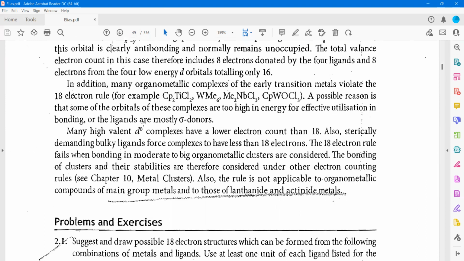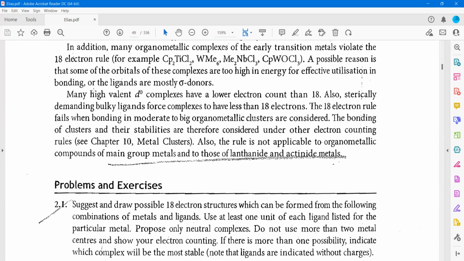In addition, many organometallic complexes of the early transition metals also violate the 18 electron rule because they have only a small number of electrons to back donate. The possible reason is that the orbitals of these complexes are too high in energy for effective utilization in bonding, or the ligands are mostly sigma donors. Many high valent d0 complexes have a lower electron count than 18. Also, sterically demanding bulky ligands force complexes to have less than 18 electrons, right?